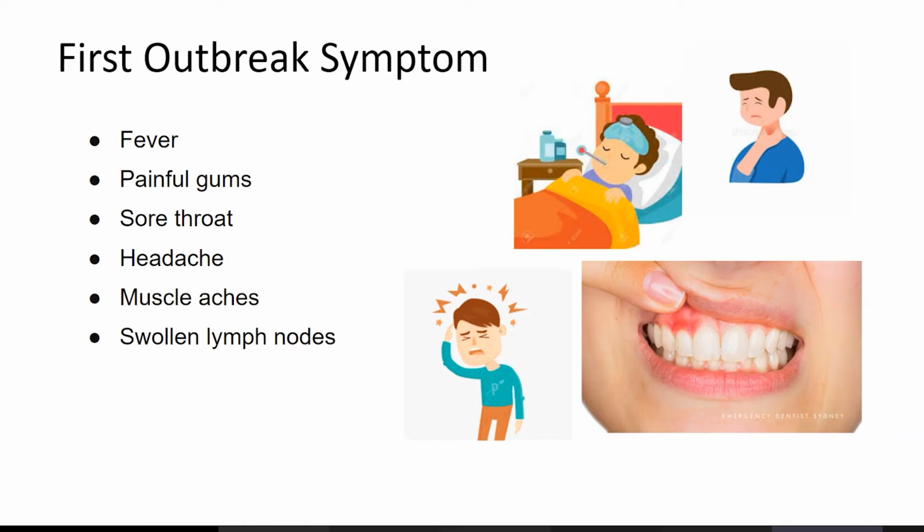But then after the first outbreak, these symptoms don't usually appear because your immune system knows how to deal with this virus and has the antibodies to attack it. So that's why in the first outbreak, there are these specific symptoms that are symptoms of the immune system rather than the virus itself.